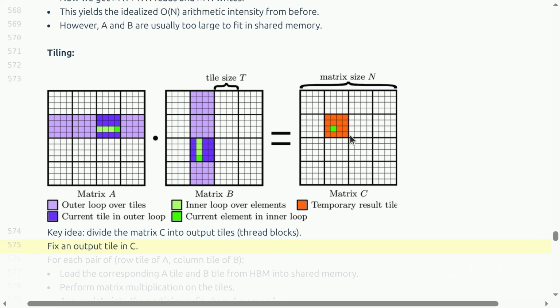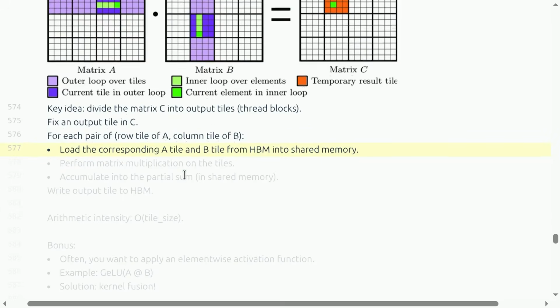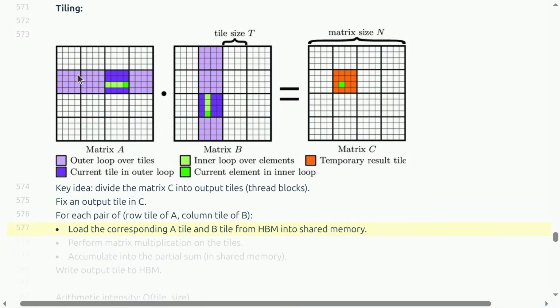Well, in some sense, it's the same as the naive approach, where for every row tile of A, I'm going to scan across the rows, and for every column tile of B, I'm going to load the corresponding tile of A, and the corresponding tile from B, into shared memory.